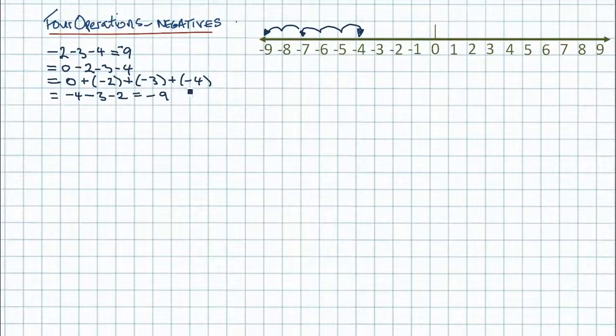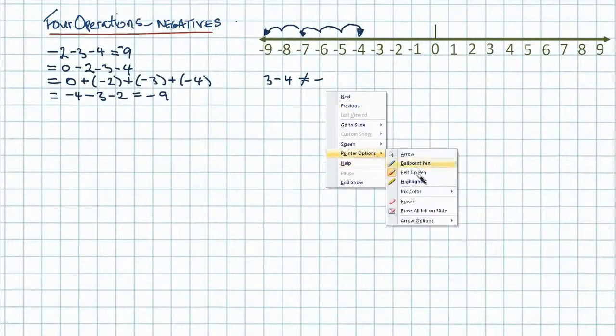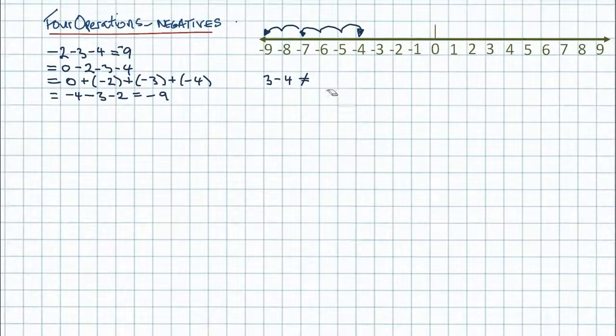So we can change the order of negatives as long as you remember we've always got to subtract that number. We can't actually commute, so that if, for example, we get 3 subtract 4, that does not equal 4 subtract 3.